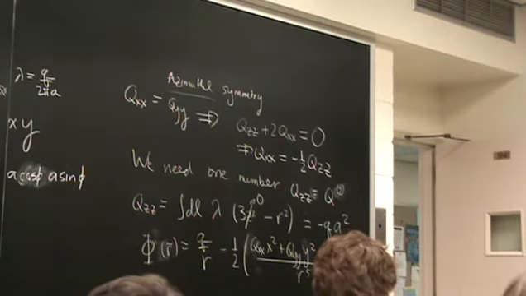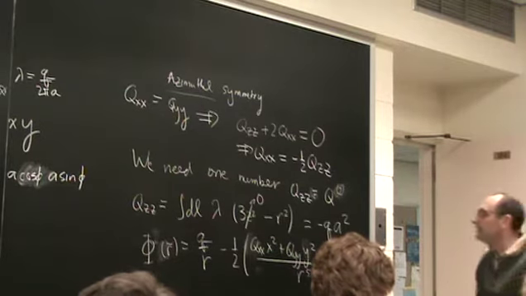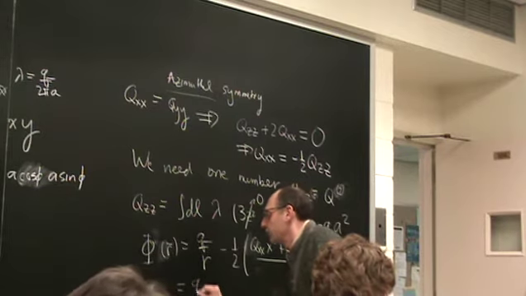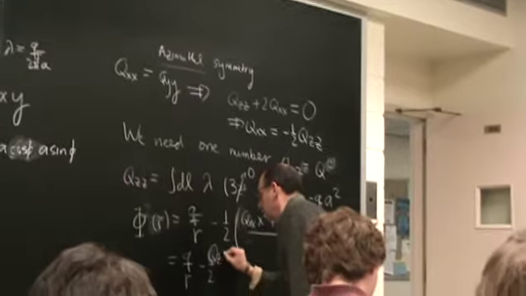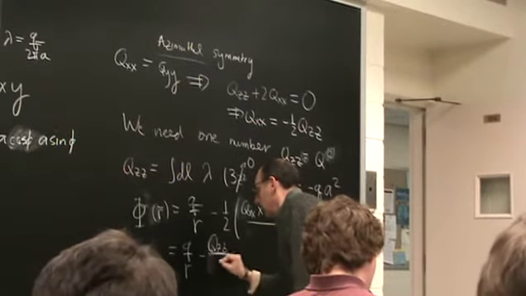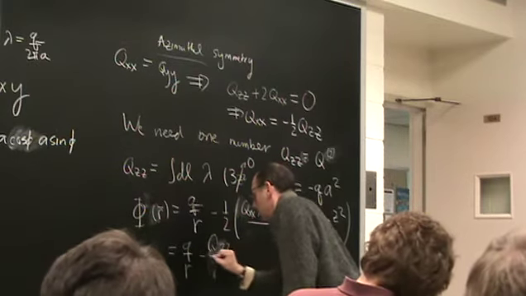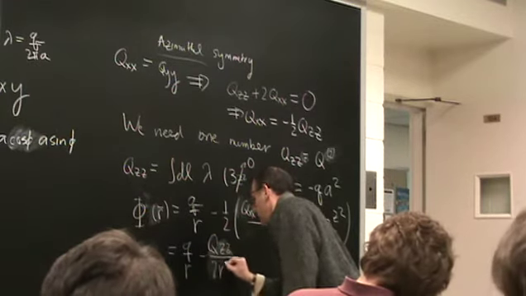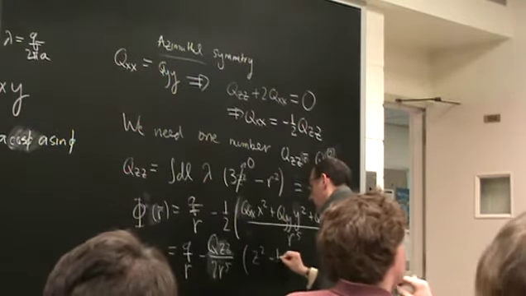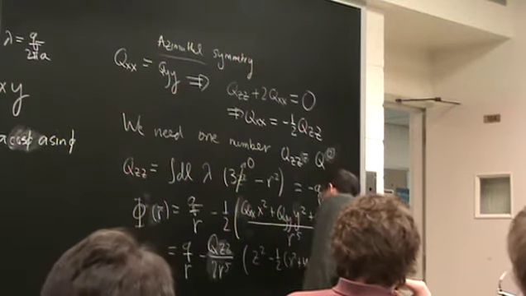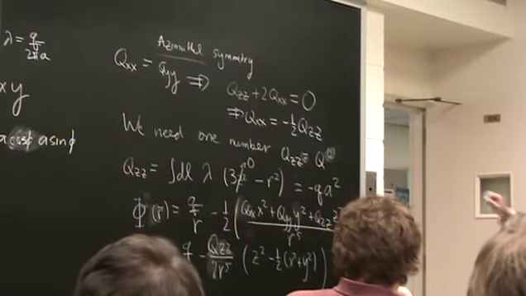And qxx and qyy are equal to minus a half qzz. So this is equal to q over r minus a half qzz over 2 r to the 5th times z squared minus a half x squared plus y squared, where I have substituted in this expression for qxx and qyy.